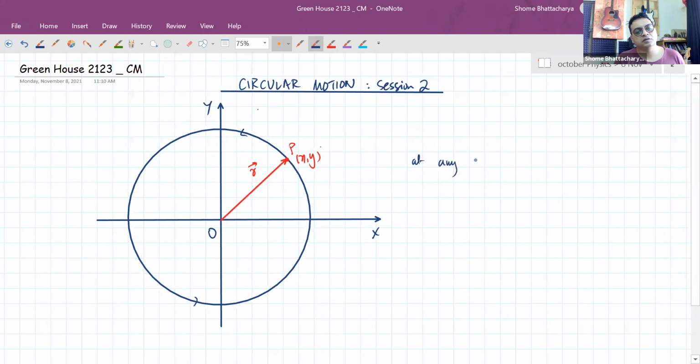So if the particle is describing a circular path like this, then at any instant of time the position with respect to the center of the circular motion is such that the magnitude of r is constant.